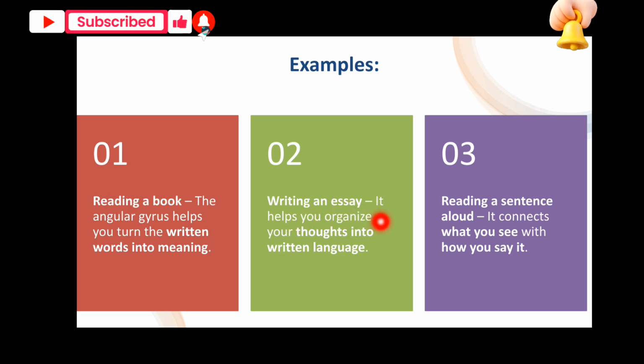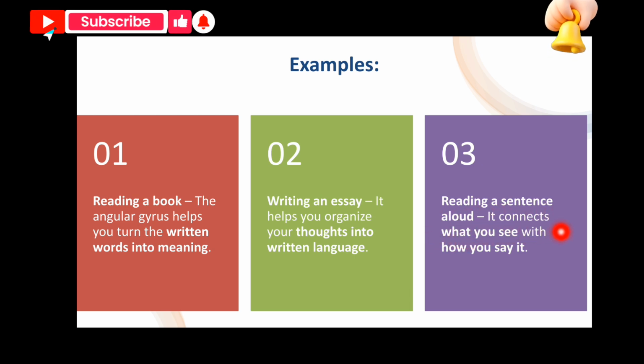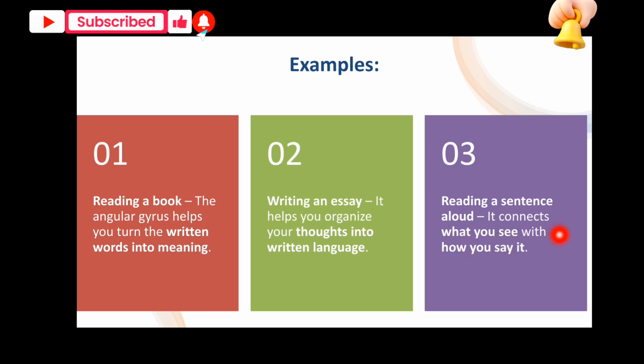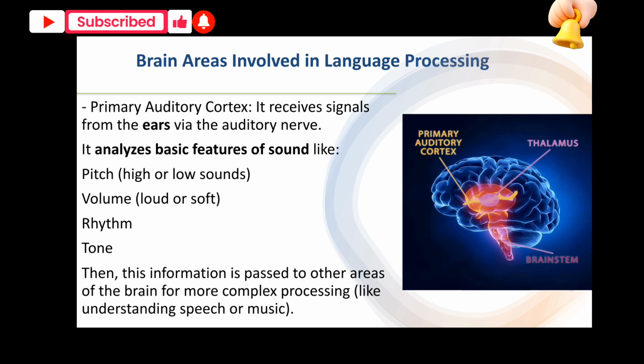Writing an essay, it helps you organize your thoughts into written language. And reading a sentence aloud, it connects what you see with how you say it. So this is also an important area in your brain. Brain areas involved in language processing.